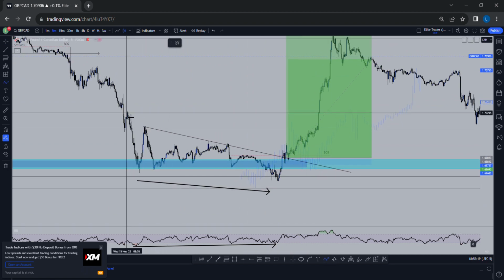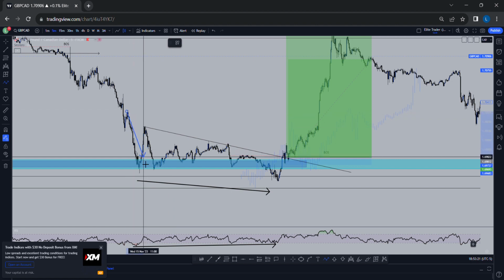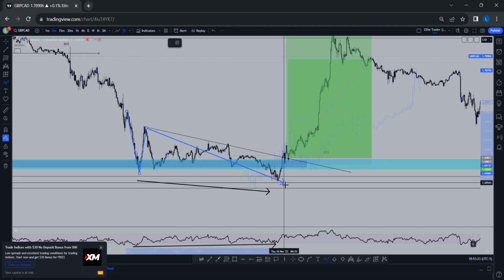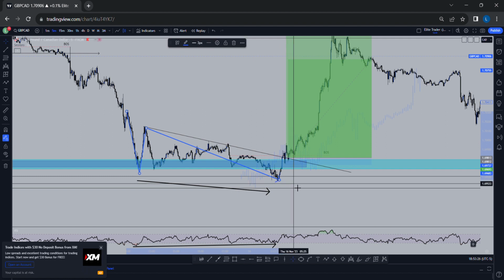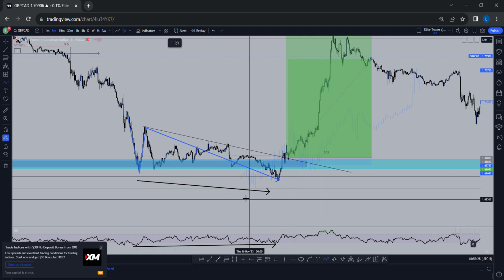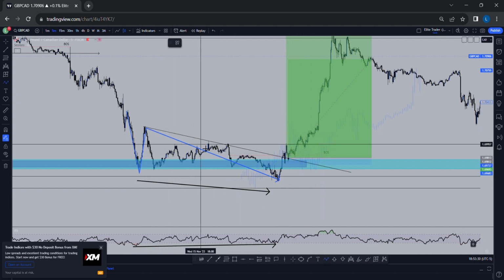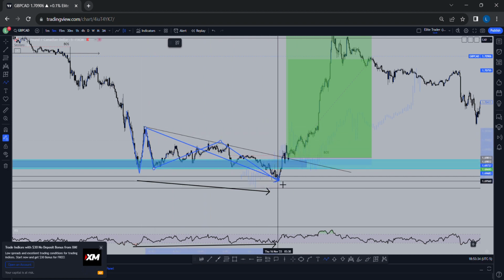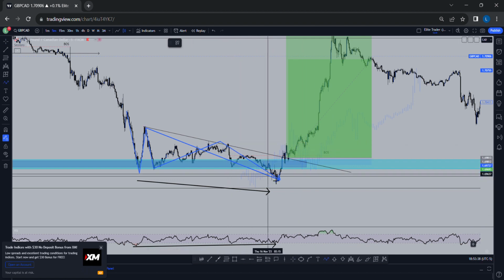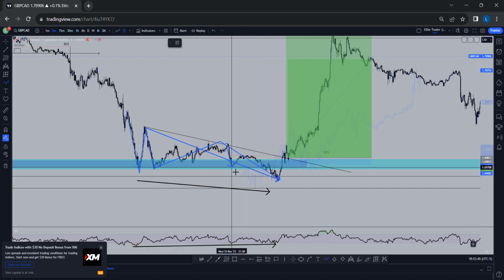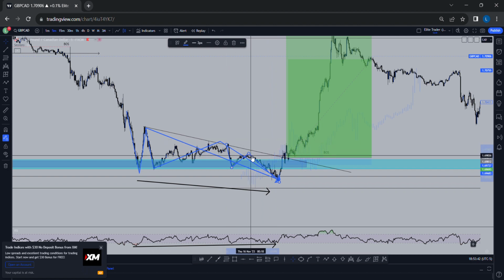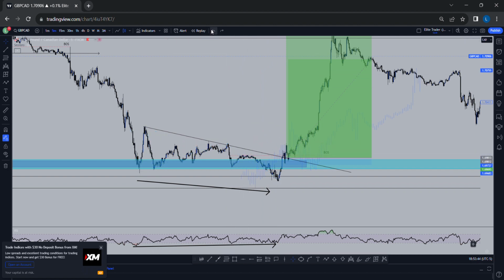So I understood that we had this bigger structure right at this particular zone. However, within this particular leg, we also had this structure right here. And then within this particular leg, we also had the structure. So this was the lower high.